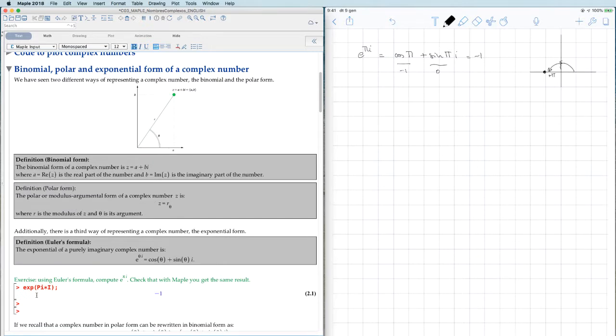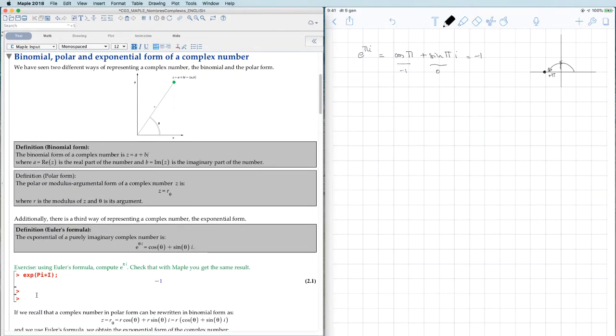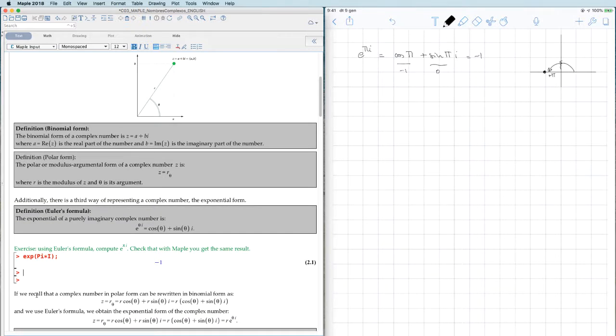Now that we know Euler's formula, we can describe the exponential form. Remember that when we have a number z equal r sub theta, this is equivalent to saying that in binomial form it is r cosine theta plus r sine theta i. If we take out the r, we reach this expression where now this is the exponential, so we can write it down as r e to the theta i.